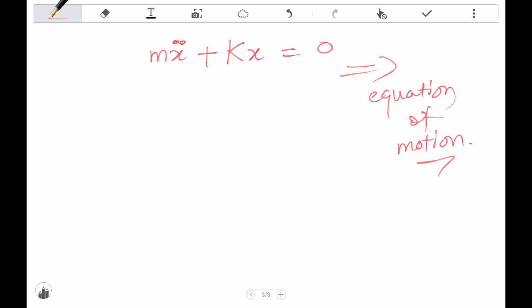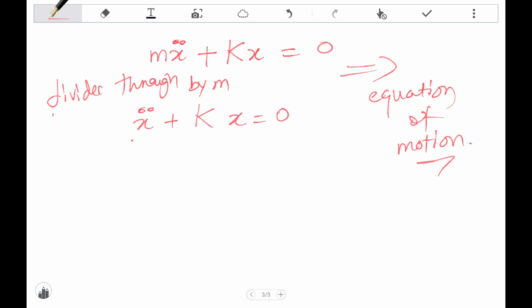From this equation, if we divide the entire equation through by m, we'll get x double dot plus k over m x equals 0.